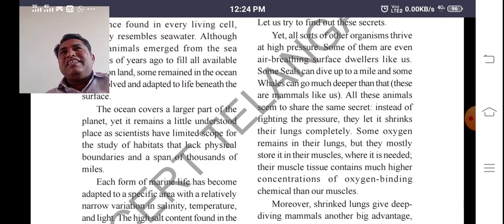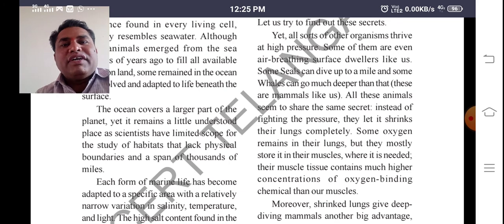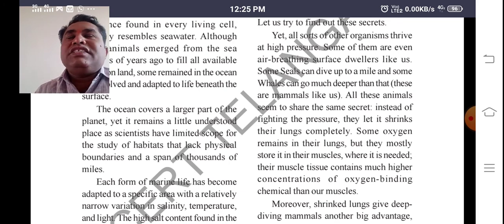Till today, scientists have not found out the major habitats, because it is a vast habitat. Because it is a vast one, it occupies maximum 70% of this universe. So still today scientists are identifying the main habitat.